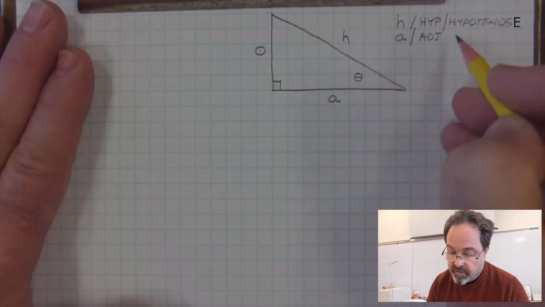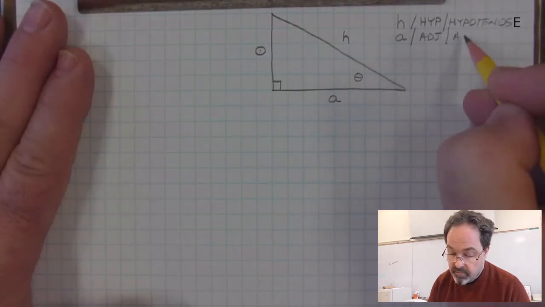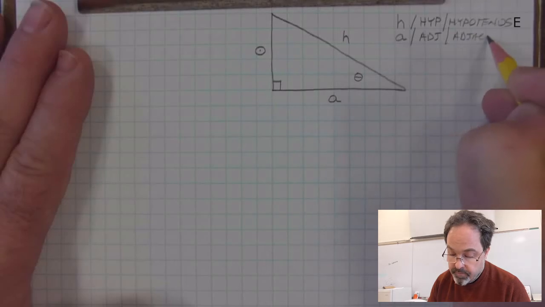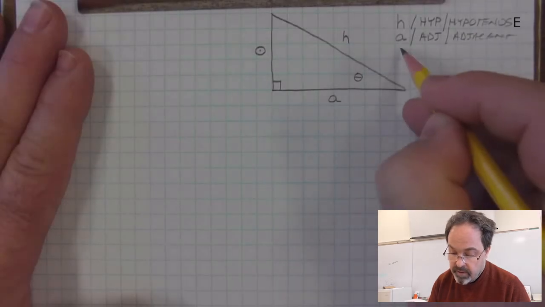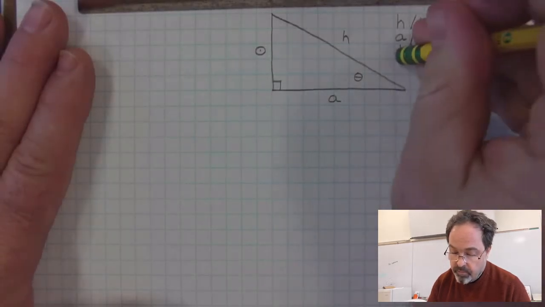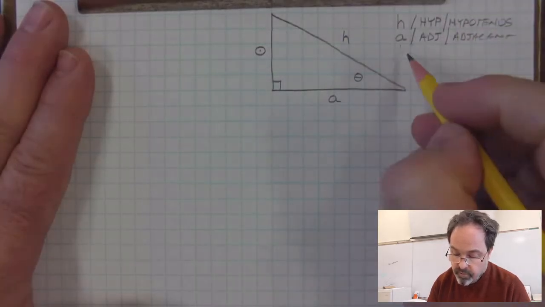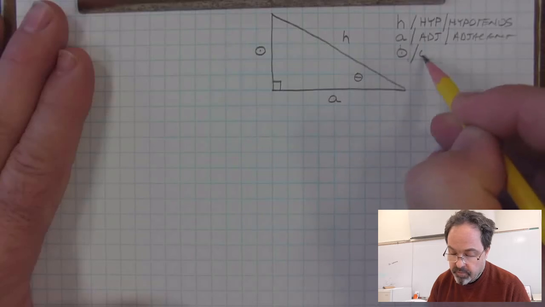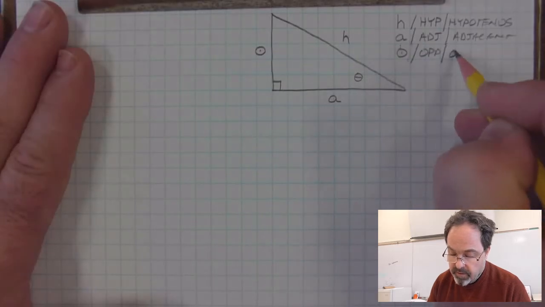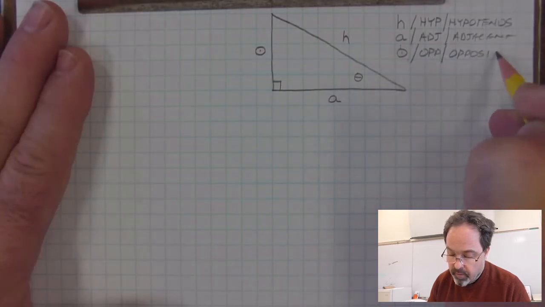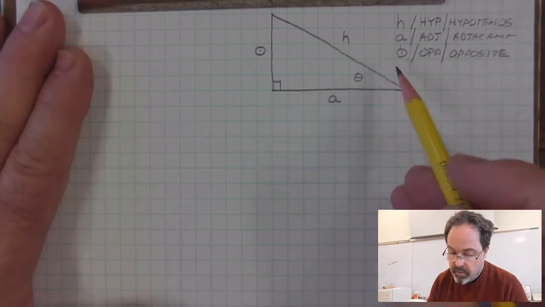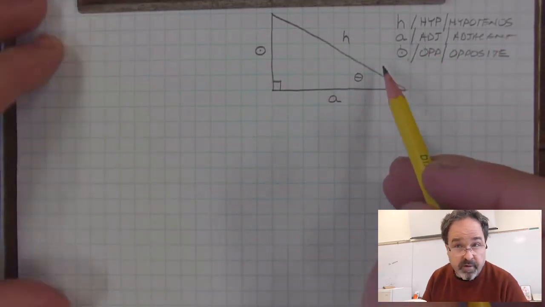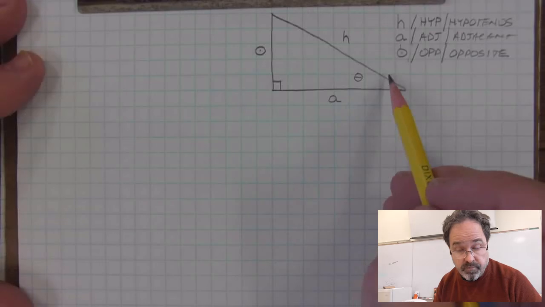The three-letter designation ADJ is seen often. O for opposite. I like to put a dot in it, or OPP and the full word opposite. We're going to be using the single letter designations when we write down our ratios.